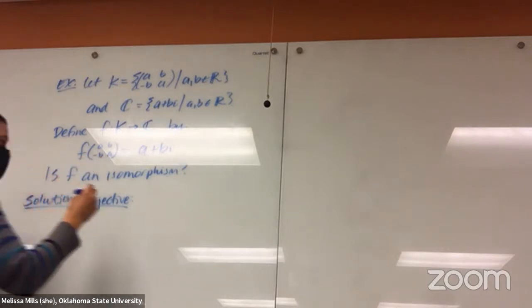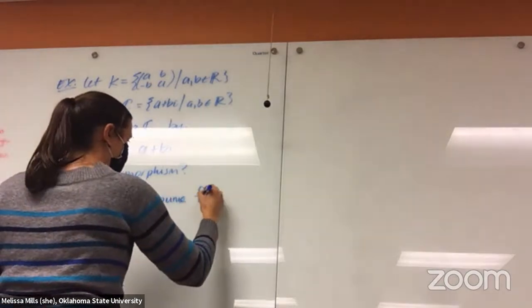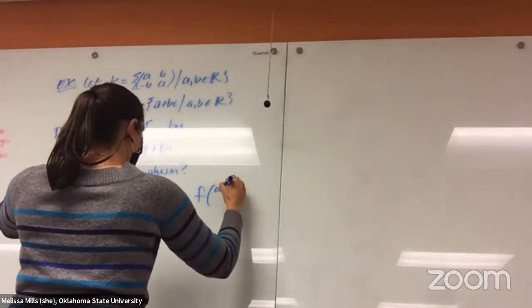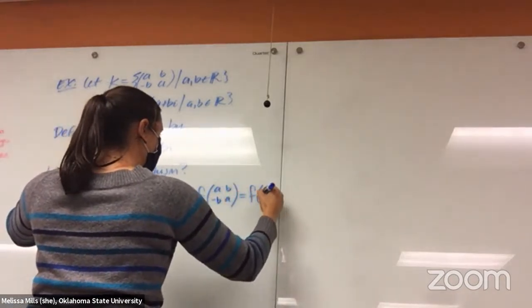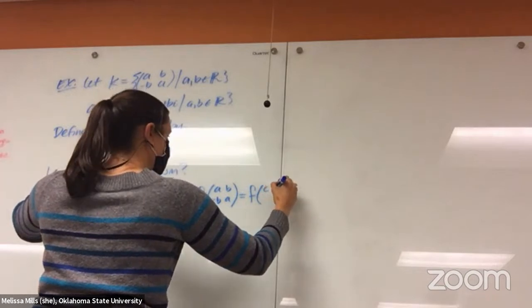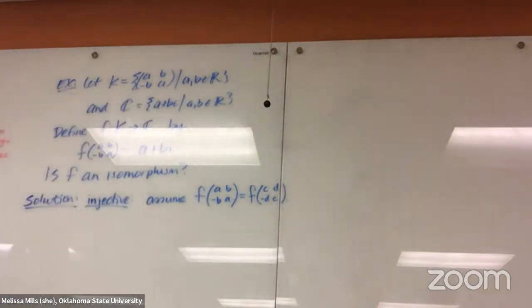So we're going to assume that F of [a, b; -b, a] equals F of [c, d; -d, c]. Our goal is to prove that a equals c and b equals d. If we could do that, then that would show that the matrices are equal.